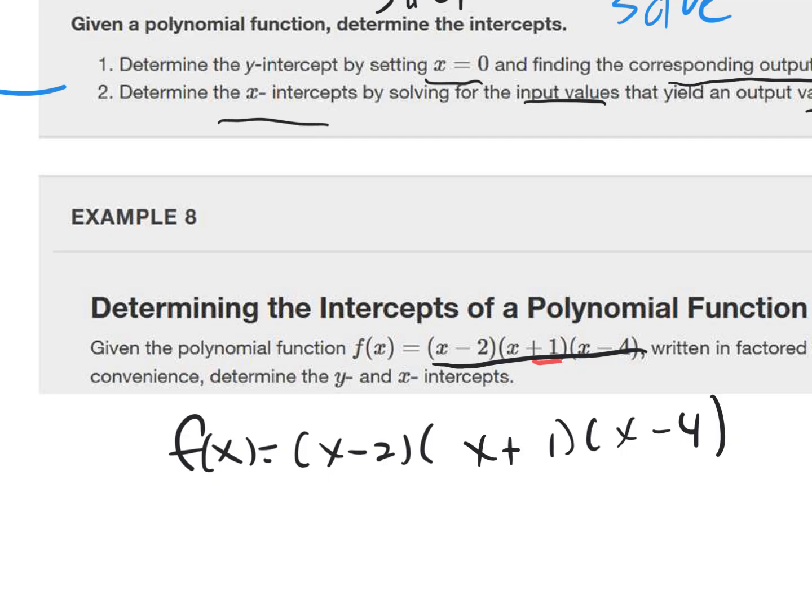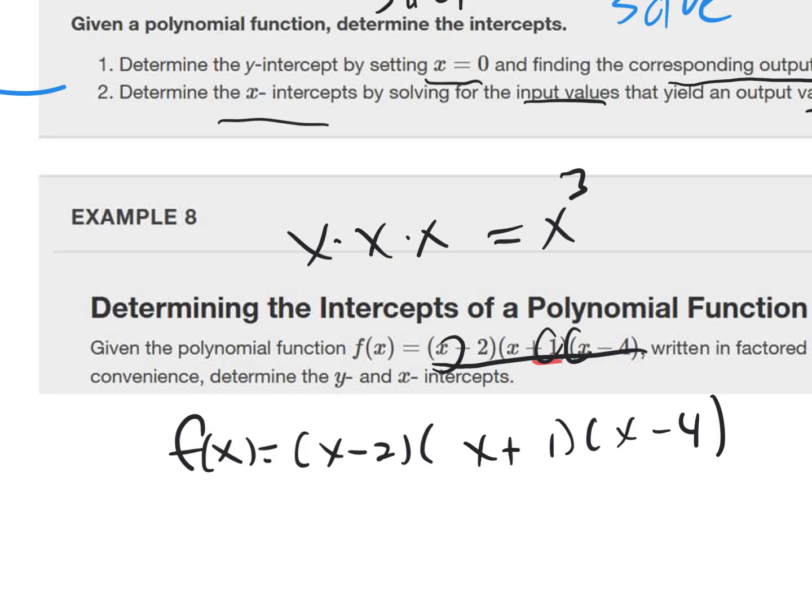That's already factored for you. And I can tell right away that the highest power is an x times an x times an x. So just x times x times x is going to happen. That's an x cubed, so it's going to be a cubic.